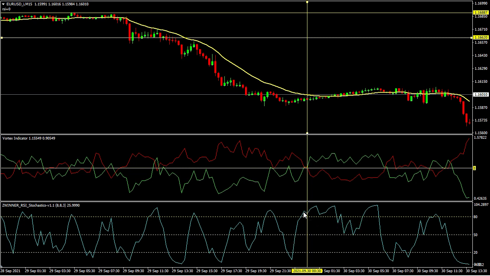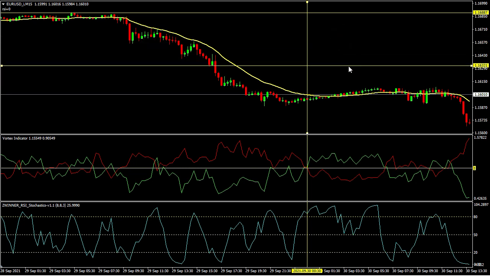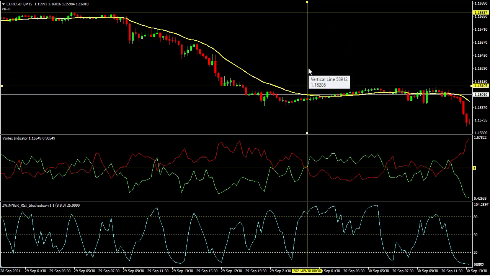Everybody going, all the Z1 RSI is also going up, but the candles are below the moving average. So we wait, and we will get the signal here to buy when it goes up.